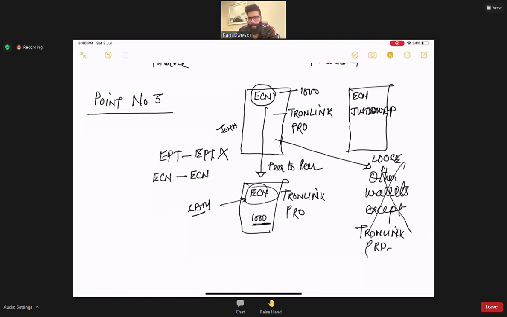People are losing their ECN because they are transferring ECN from the TronLink Pro wallet to other wallets like WazirX, Paxful, Binance, and other wallets. You will lose your ECN. And in this case, we cannot do anything. It's a blockchain transaction. There is no admin in blockchain who can make some reverse process.